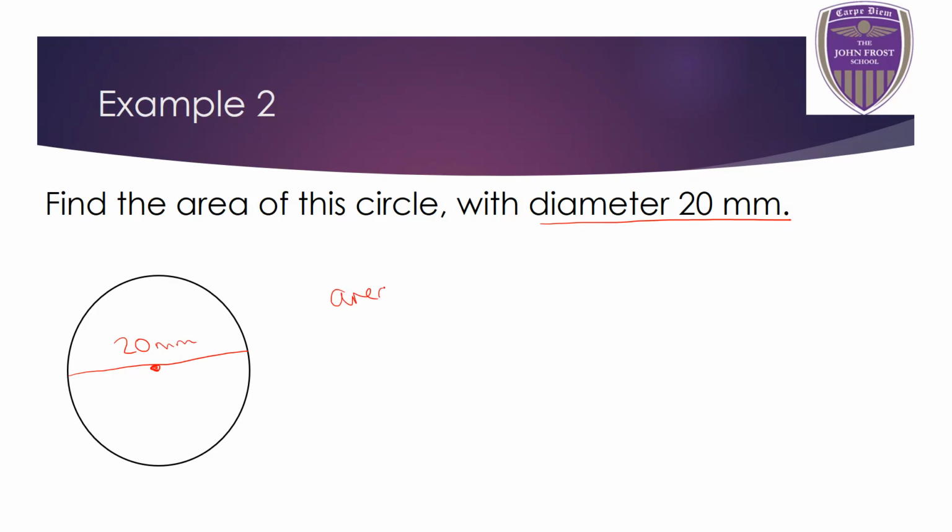So we're still doing the area, which is still going to be pi times r squared. Pi we know is 3.14. But r, remember, is the radius. We don't know the radius in this question. We know the diameter. It's in the diagram and it's clearly given to us in the question as well.